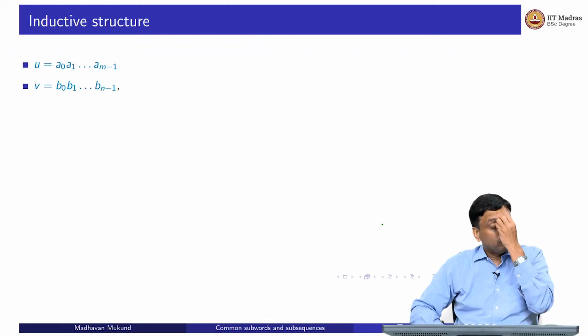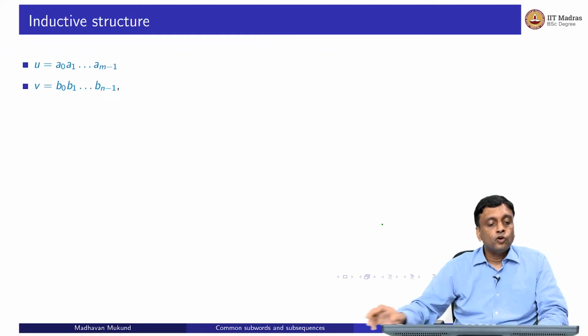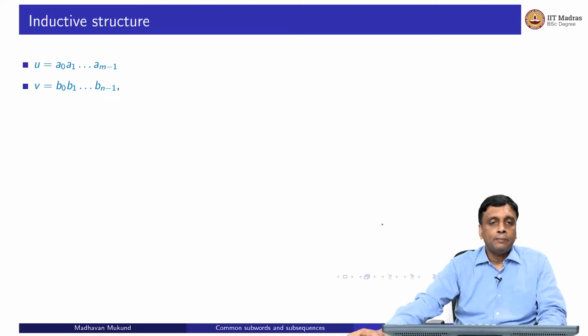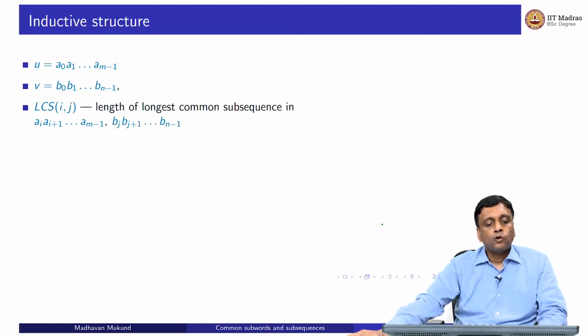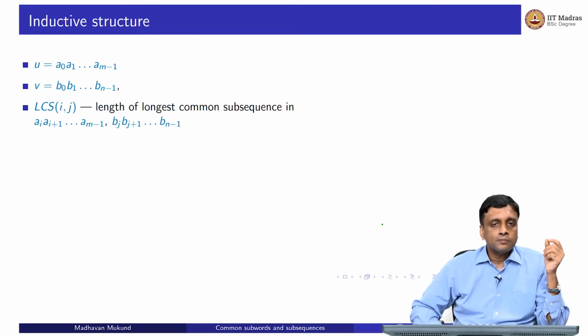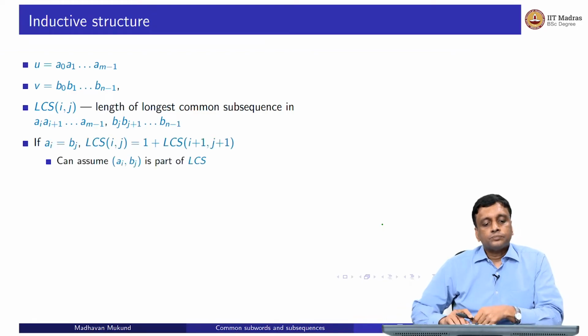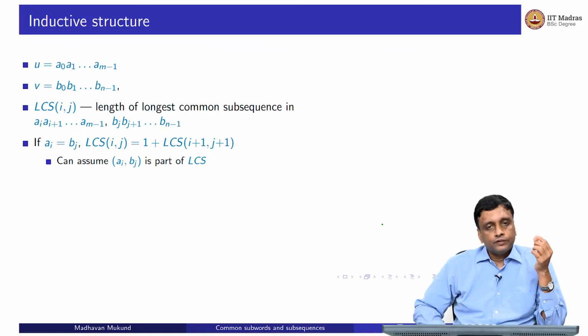So let's try to see how we will solve this using our inductive strategy. As before, we have two strings of length m and n, and now we want to find, in general, for every position i, j, the longest common subsequence that starts at i in the first string and at j in the second string. The first thing is, if the two positions are equal, is it a good strategy to include this in our longest common subsequence?